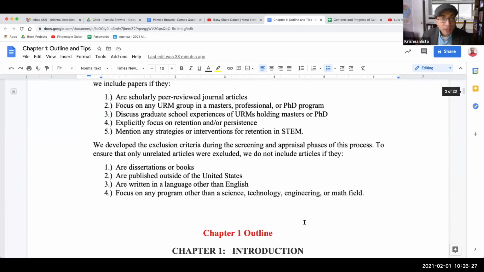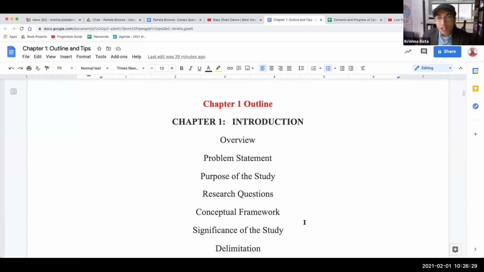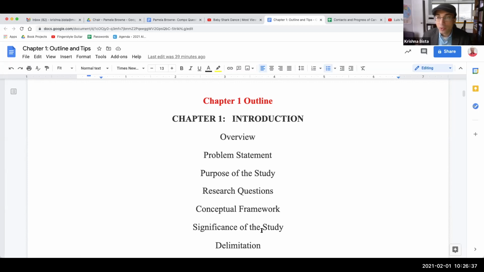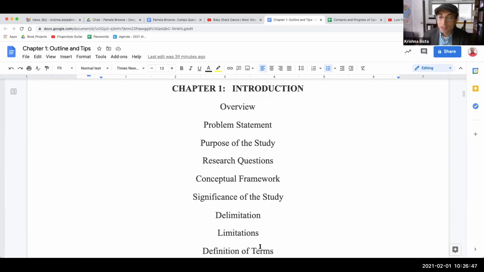Okay, and then the next thing is the outline for chapter 1 of your dissertation. This is pretty much the standard outline for chapter 1: problem statement, purpose, research question, framework, significance of the study, and the limitations, delimitations, and definitions.